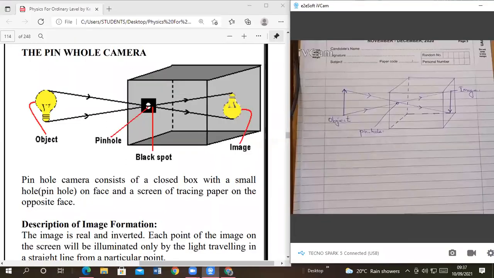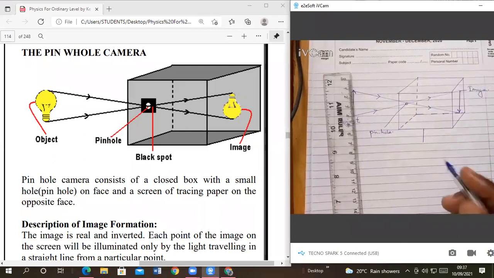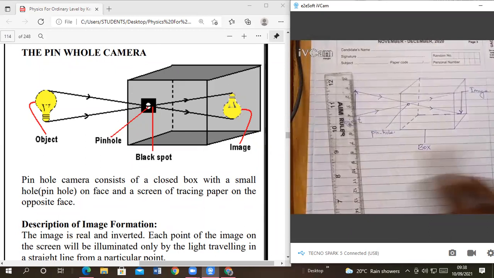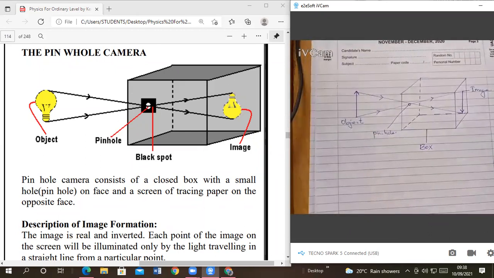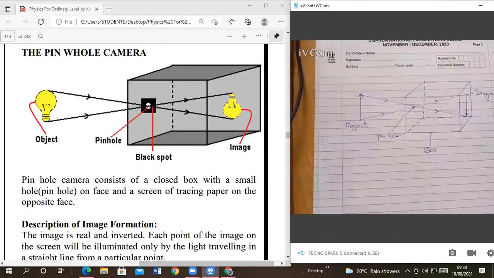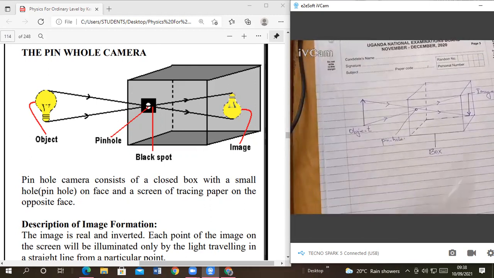That is the pinhole. Then this is the box. Now, members, when you look at this, let's investigate this. Now, this is my object. I want us to measure the height.